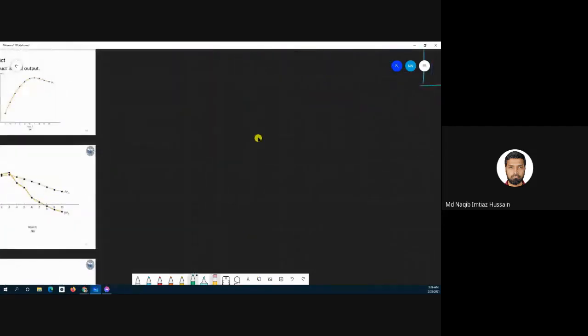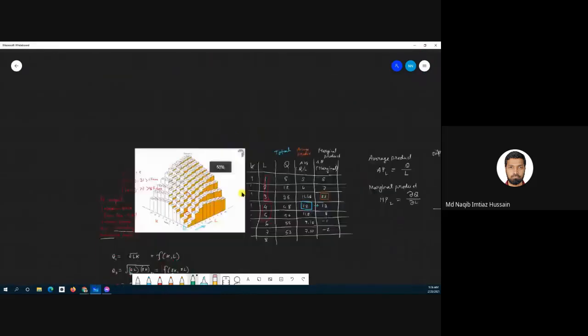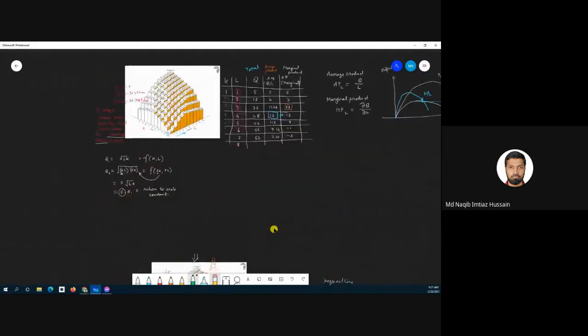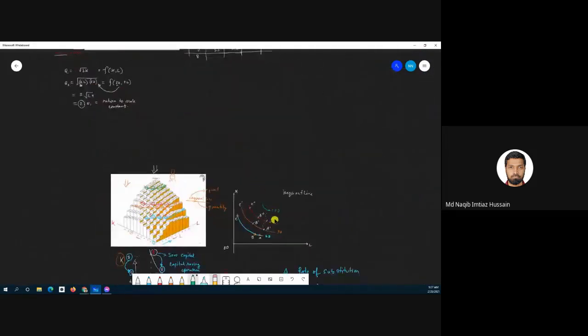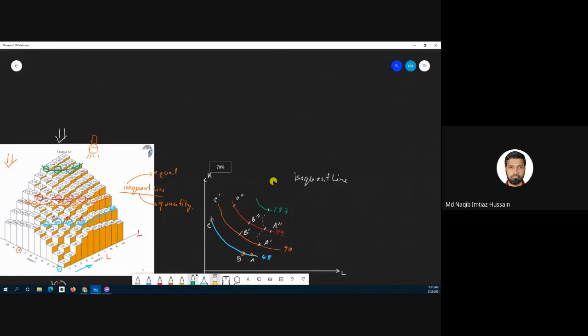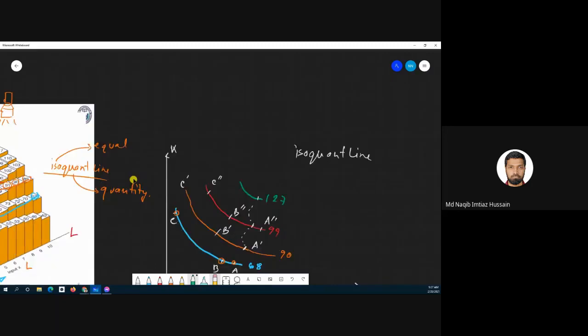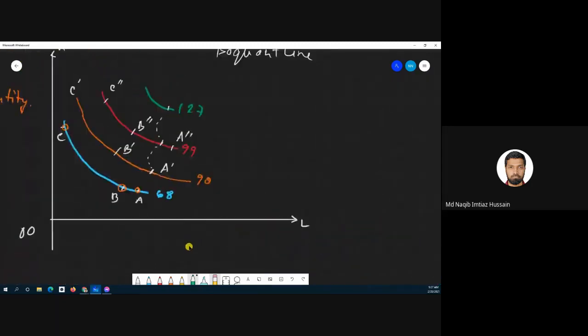Let us look at the point where we left off. Now you are at this isoquant line, remember, and you want to go to the top. How do you do it? You draw some isocost lines, and draw them all parallel to each other.